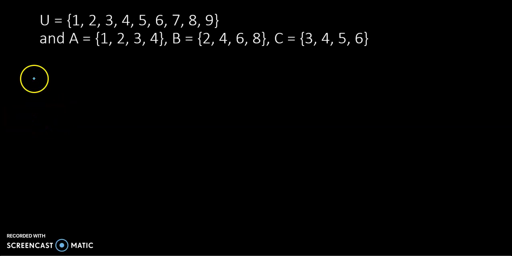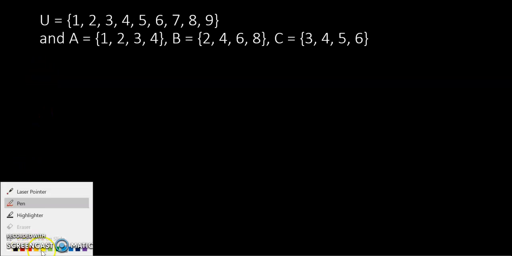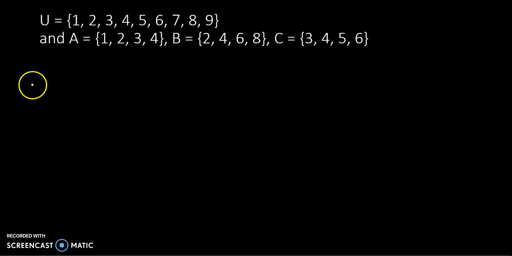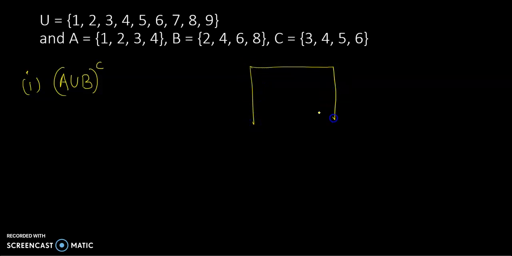Let's see some slightly different problems. What if you have to find, let's say, (A union B) complement? I just need to find the elements which are not a part of A union B. Diagrammatically, it is A and it is B, and this shaded portion is the union.